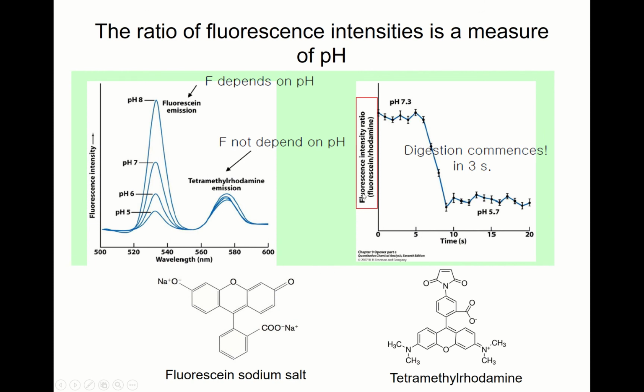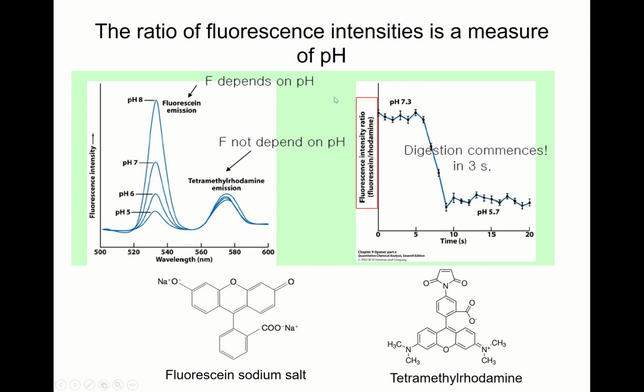So the pH inside starts around 7.3, and then as time goes by, the pH suddenly drops and remains at pH 5.7. This means the system is now working fine.